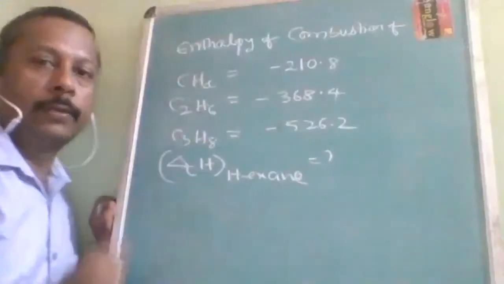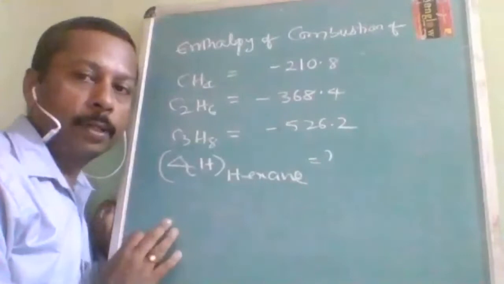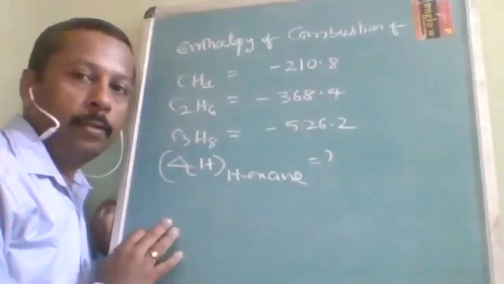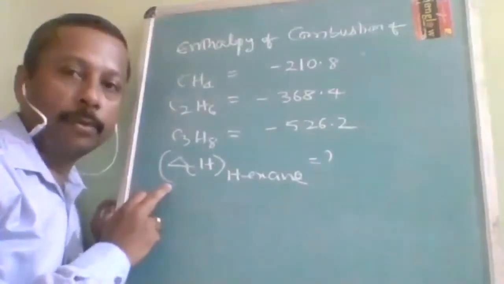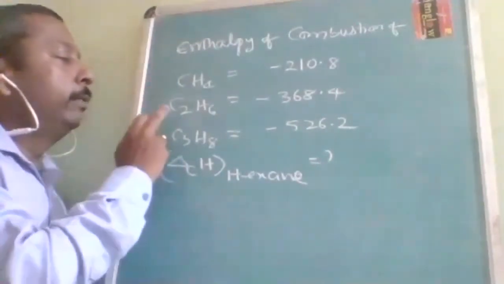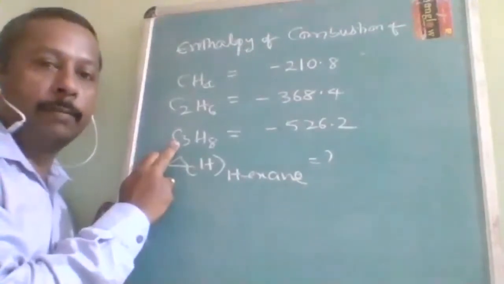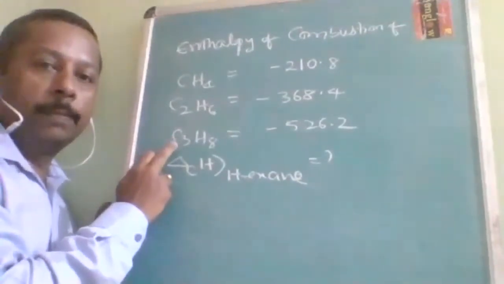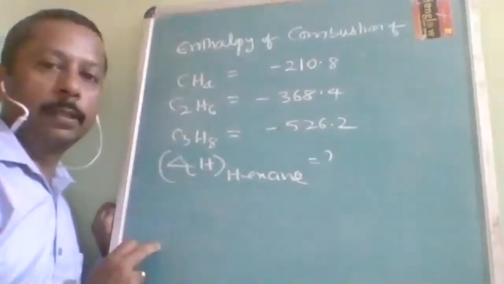Now the next question is on the board. This is a very important, tricky question. Unless you think with your brain, you are not going to solve it. Make sure you keep this question with a star mark. Here methane, ethane and propane are given, and the enthalpy of combustion is given. But the main problem is that you cannot manage with these 3 to form this one.